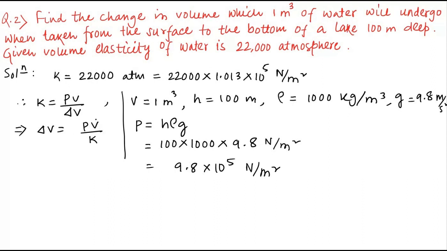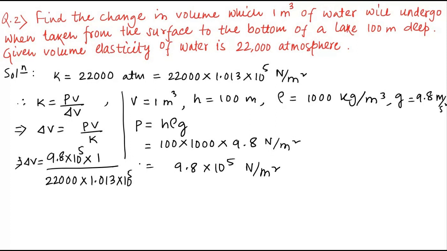Now we have P, we have V, we have K. Now put all the values in this equation. So delta V is equal to P, which is 9.8 into 10 to the power 5, V is 1 meter cube, then K is 22,000 into 1.013 into 10 to the power 5.